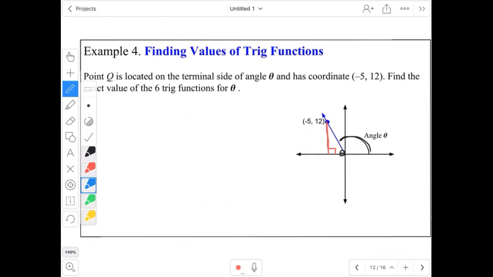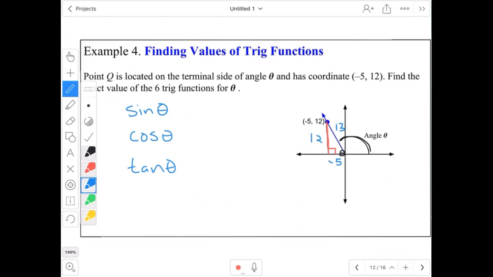Now we know that this distance here is negative 5. We know that this height is 12. If you are familiar with your Pythagorean triples, you would know that the hypotenuse is 13. You could also just figure that out by doing the Pythagorean theorem. So if I'm going to do sine of theta, cosine of theta, tangent of theta.